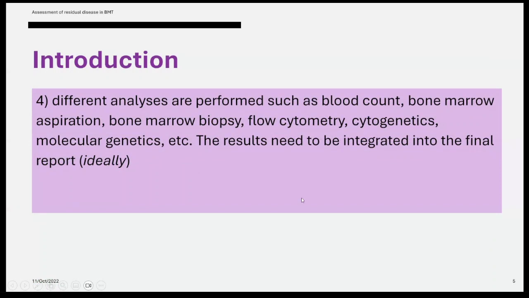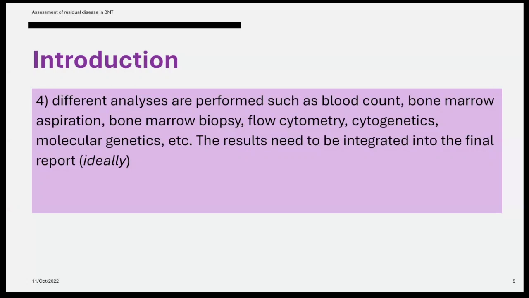These are the different analyses performed, such as count, aspirate, trephine biopsy, flow, cytogenetic, and molecular genetic. The clinician is the one who should take all this information and integrate it into the final conclusion.